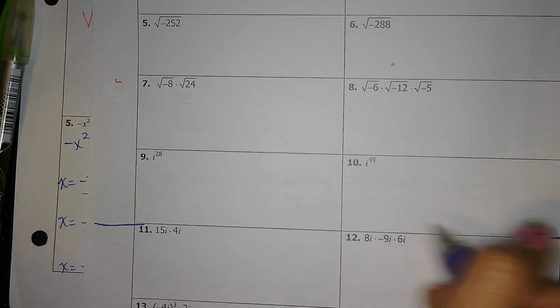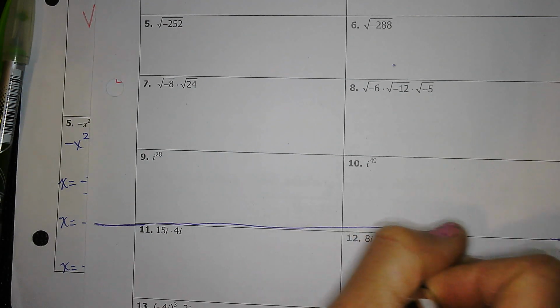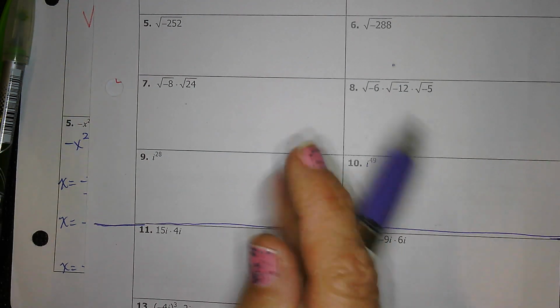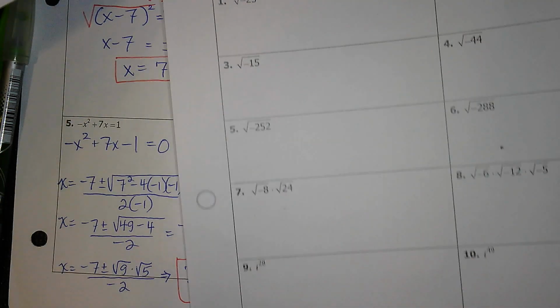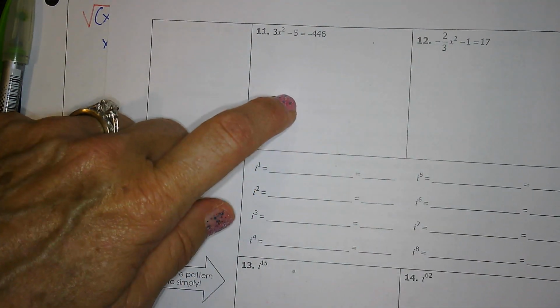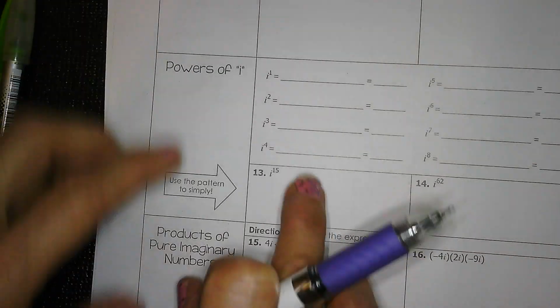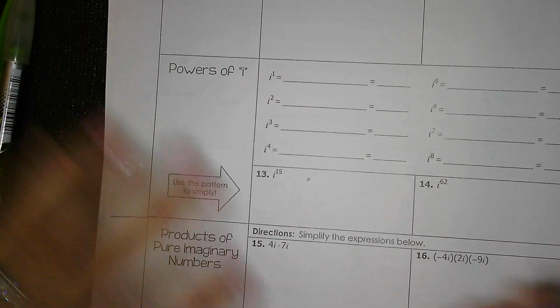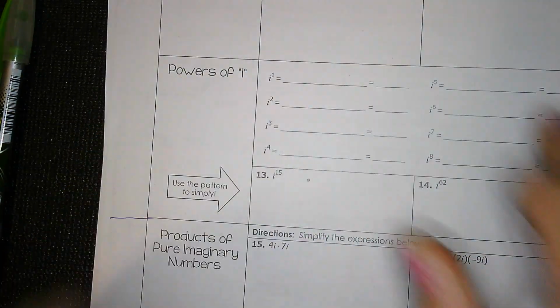So you're doing 1 through 10 on your own. We're almost to the point where you can do it on your own. We're not going to do this right now in the interest of time, but we'll probably do those tomorrow.